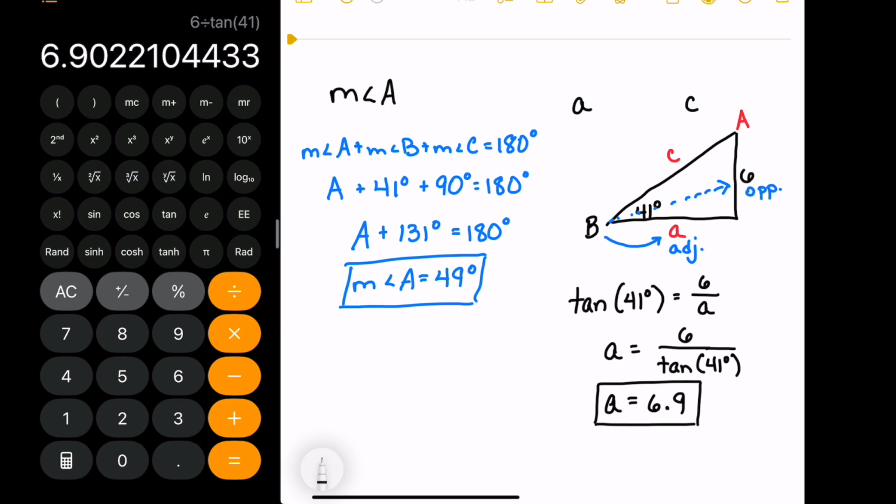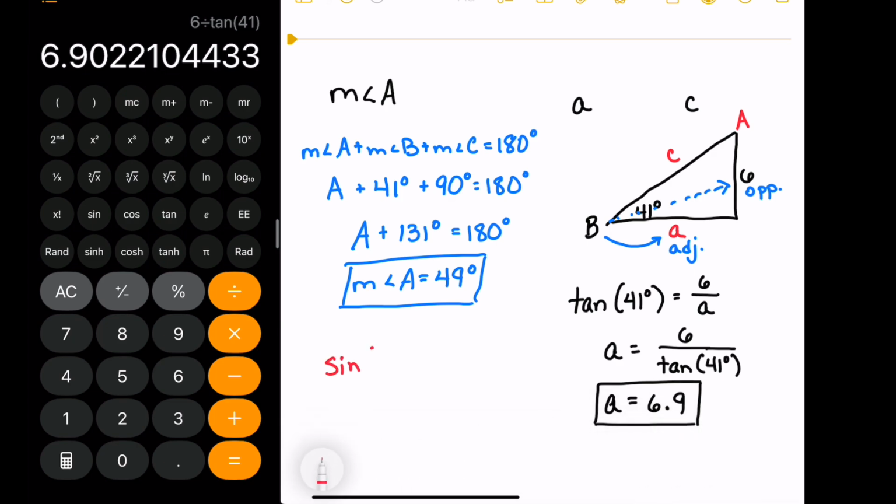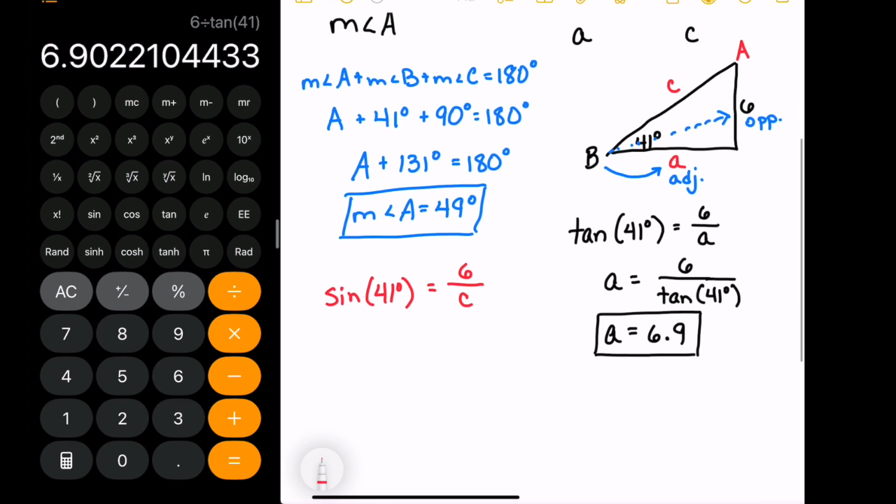I could do sine, for example. Sine of 41 degrees. Sine is opposite over hypotenuse. Well, the opposite, of course, is still 6, and the hypotenuse, the thing that I need to know, is side C. So C is equal to 6 over sine 41.